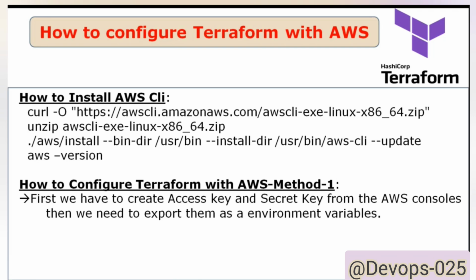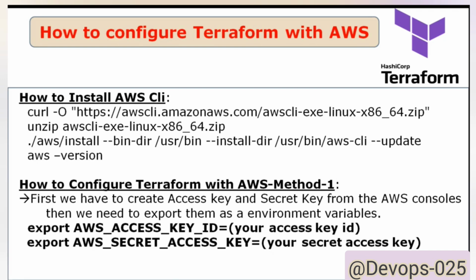We can get that home directory if we call that variable. The same way, we need to export the access key and secret key, which are created from the AWS console. Then once the export is done, we need to make sure whether this access key and secret key are working properly or not. So why this AWS access key and secret key?